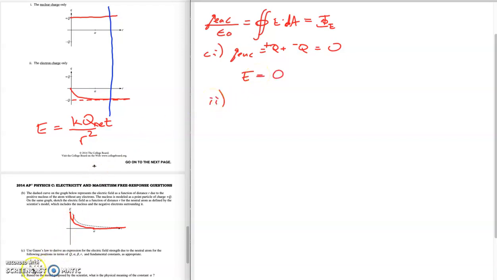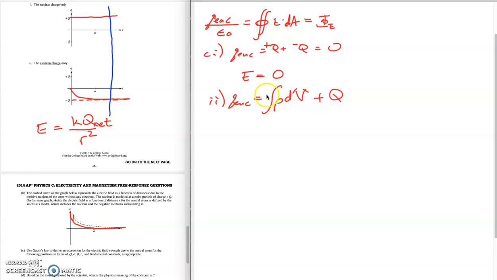All right, part 2. R is less than alpha. Well, now Q enclosed is going to be the result of doing some calculus. And the only part here that we have to care about for the calculus part is the electron cloud, because for the rest of it, we just add in the nuclear charge.